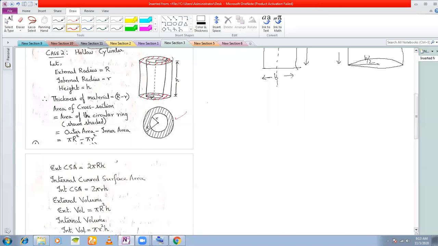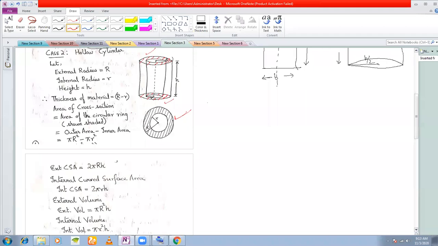So outer surface area plus inner surface area plus the surface area of this circular ring into 2, because you have two circular rings, one at the top and another below. So this is the total surface area.